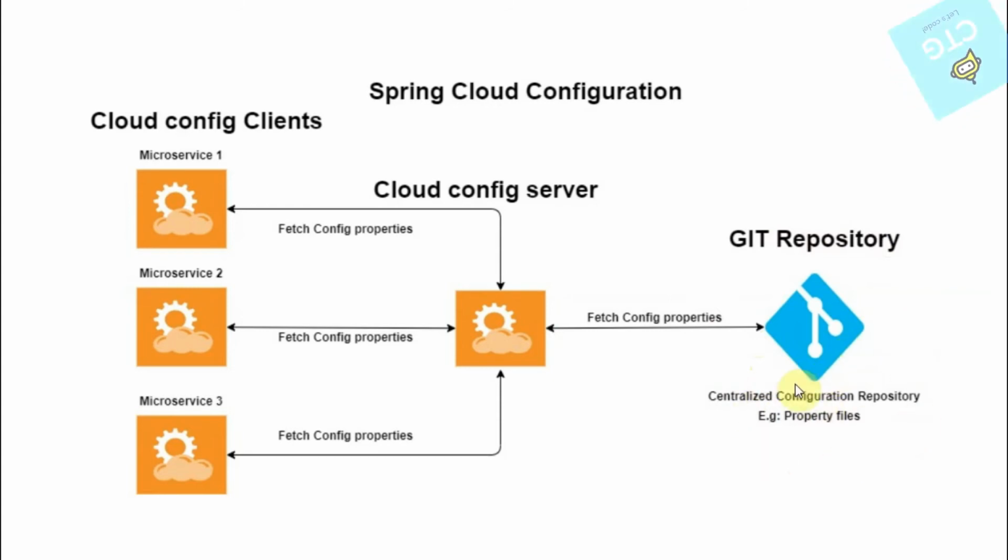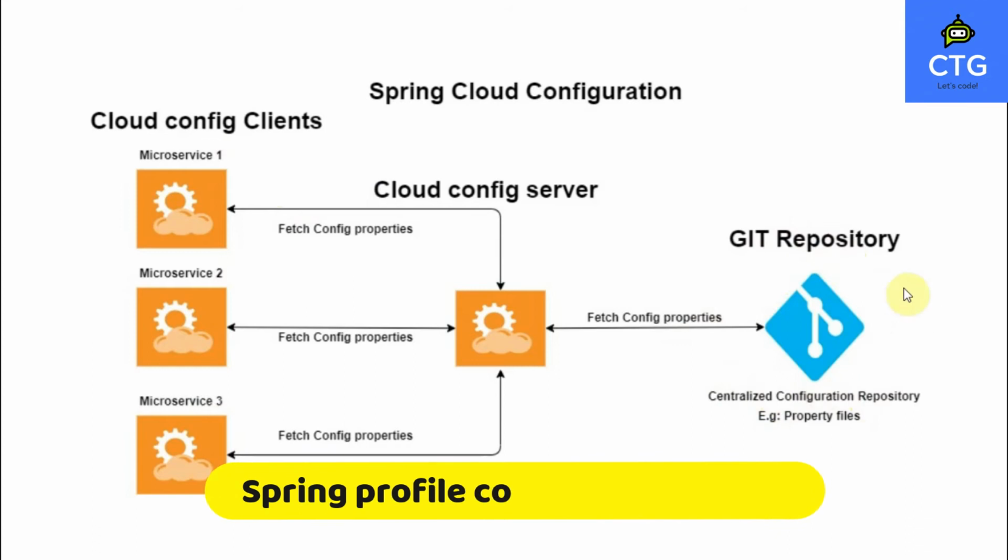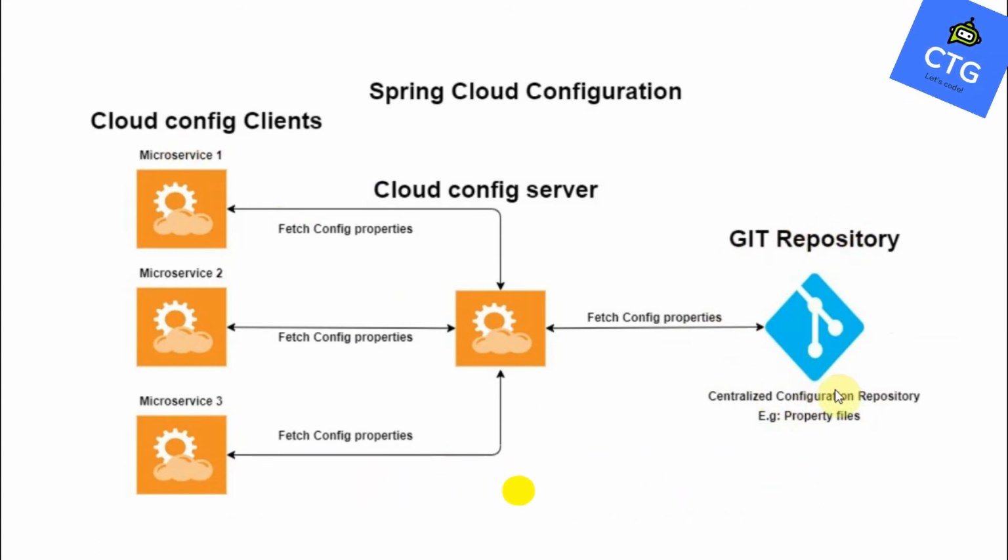These property files and configurations are maintained in the Git repository, not in the microservices, so that in future, if you want to make any changes to the respective configuration, you can do it in the Git repository directly without affecting the microservices. We no need to build the microservices again. If you are not using this approach, all the configuration files will be embedded in the microservices itself, so they have to build the microservices again and do the deployment.